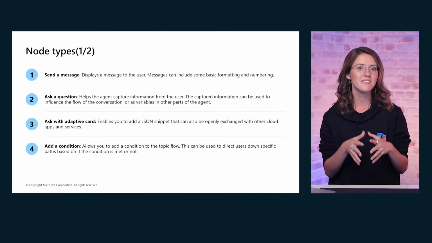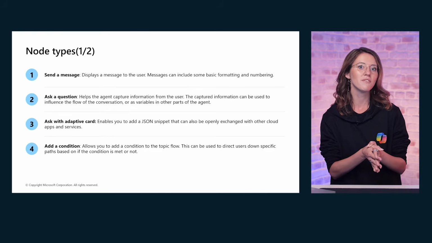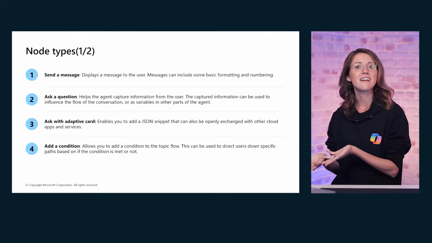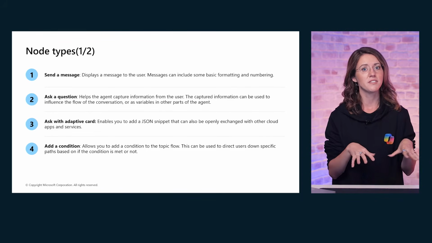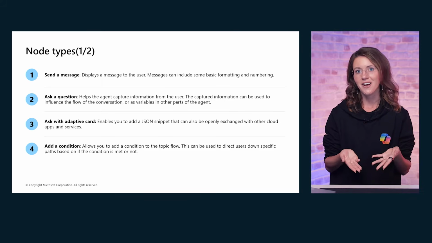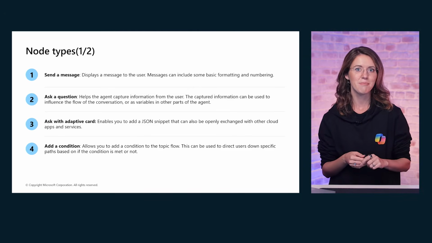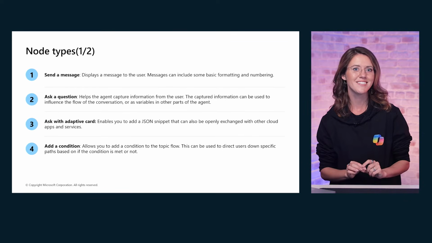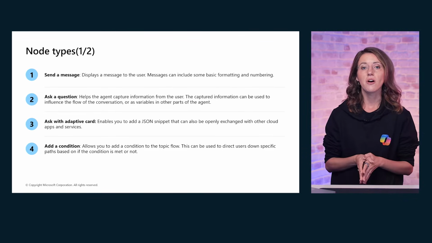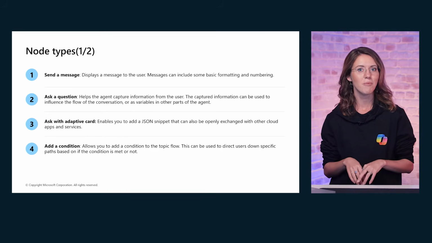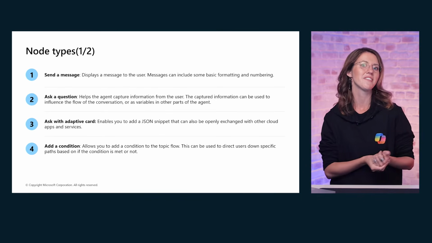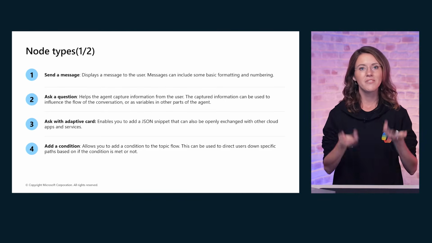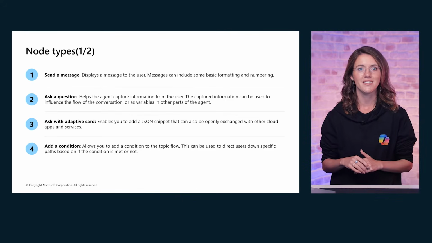The information gathered can influence the flow of the conversation or be used as a variable in other parts of the agent. Then, we have the Adaptive Card node. This node allows you to add a JSON snippet which can be openly exchanged with other cloud apps and services, providing flexibility and integration.